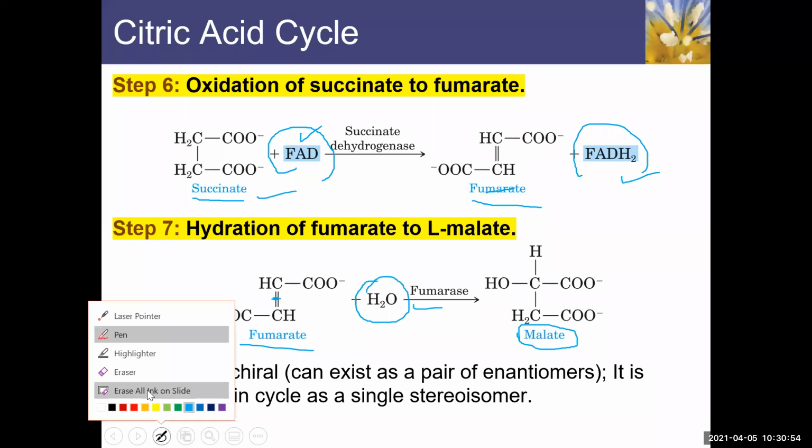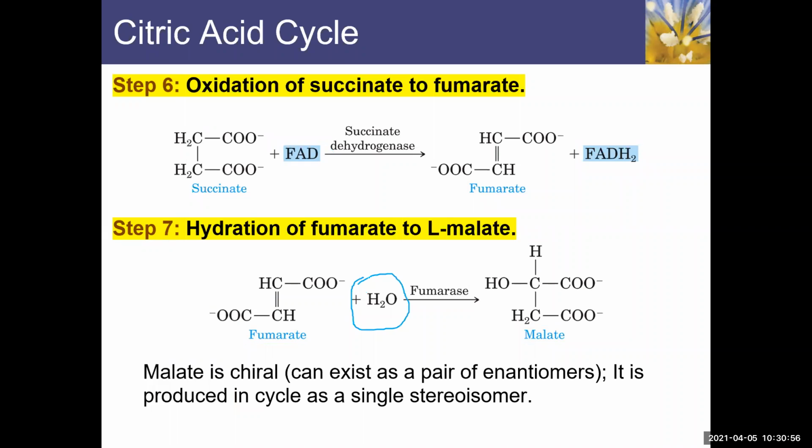So we did the hydration reaction. No more water is added over here because we did the hydration reaction over here, right? We added the water molecule to the fumarate. So water is added over here, not produced, so that we can produce the malate. If you see here, we add the OH group over here to produce the malate. So water is added over here, Mohammed, not produced. Okay.